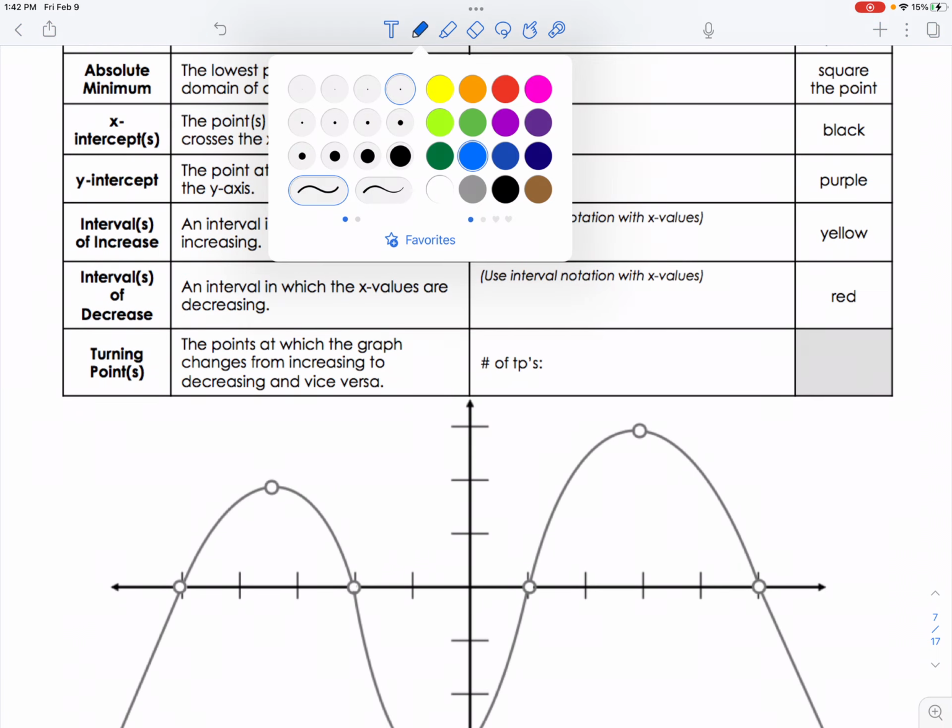So we have, do this in a different green, one here and one here. So there are actually two local maximums. This one here is at negative 3.5, 2. And then the other one is at 3, 3.